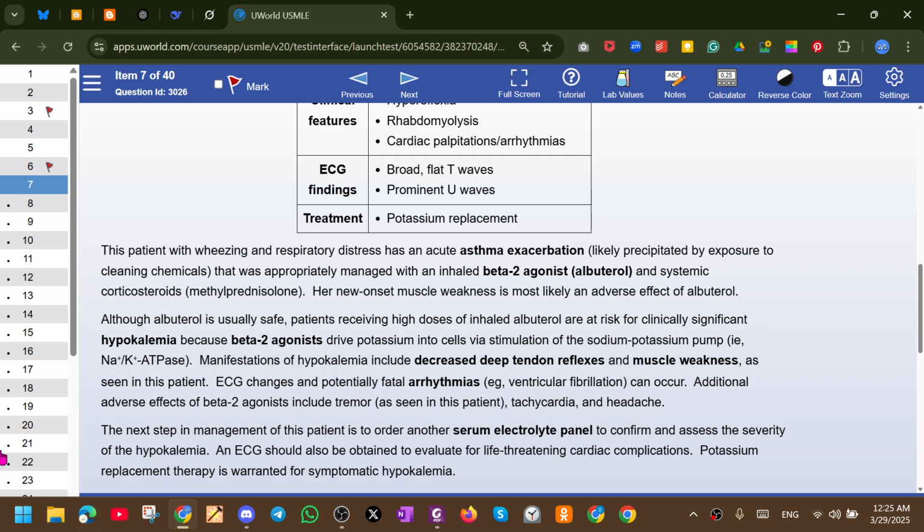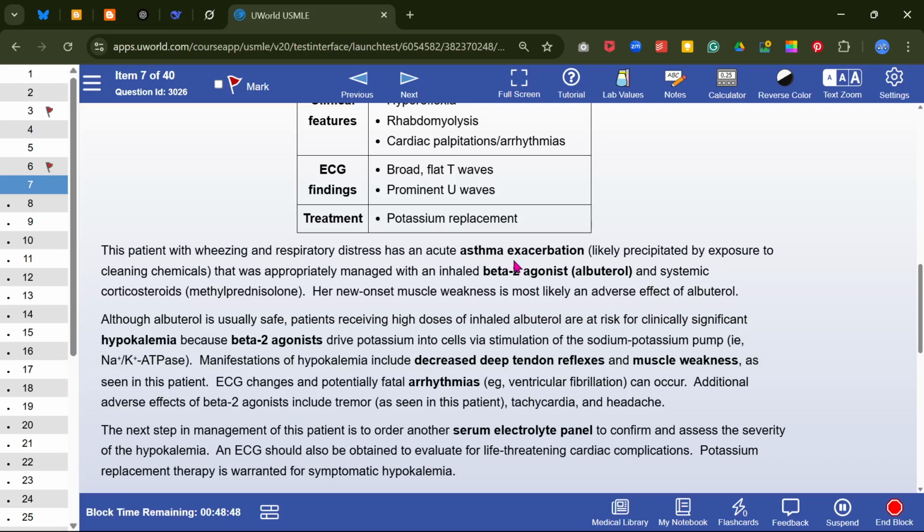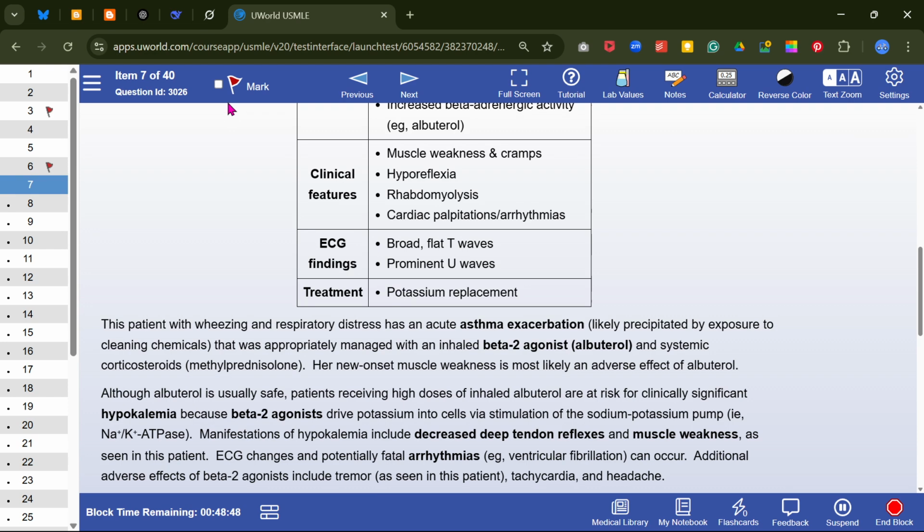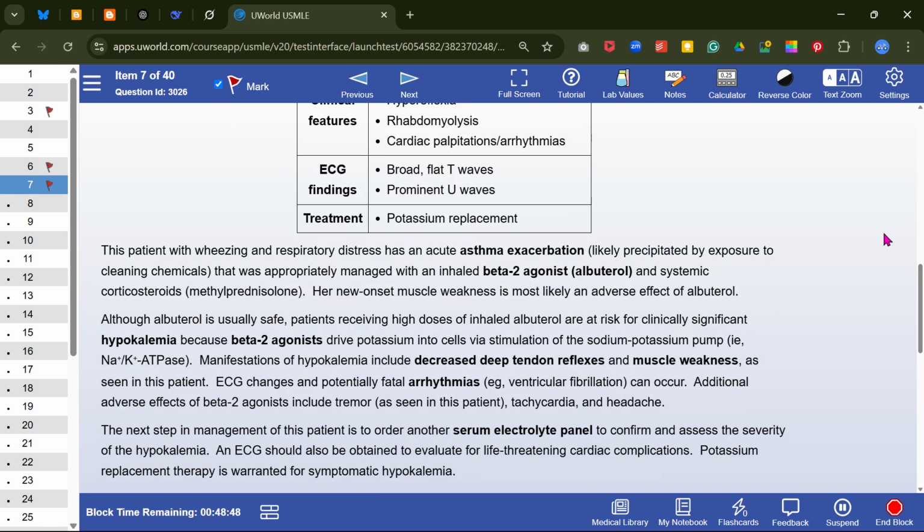Think about the side effect of the beta agonist. Okay, this patient with wheezing, respiratory distress has an acute asthma exacerbation likely precipitated by exposure to cleaning chemicals that has been managed with inhaled beta-2 agonist albuterol and systemic corticosteroid methylprednisolone.